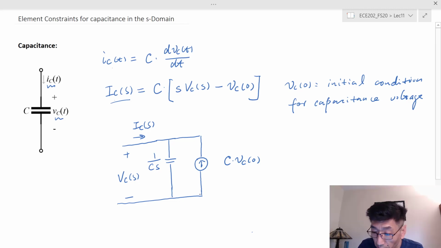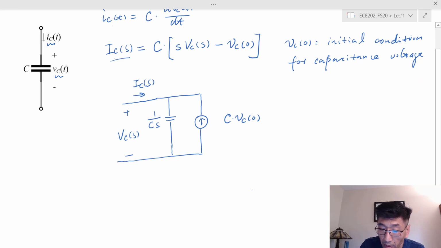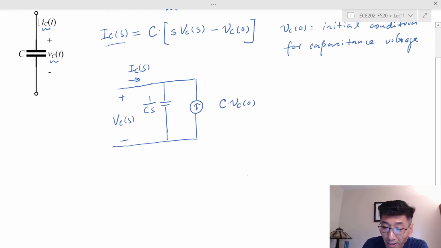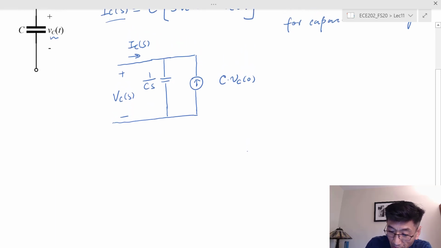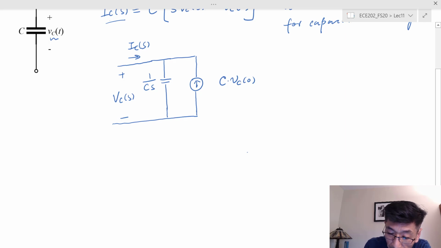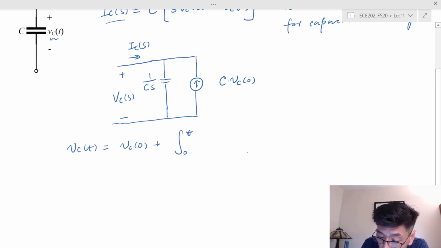I can also do the integration, or the integral equation, and in that case V sub C(t) is going to be equal to the starting point, the initial condition of capacitor voltage, plus we integrate from 0 to t, inversely proportional to the capacitance, I sub C, and I use the dummy variable tau, d tau.